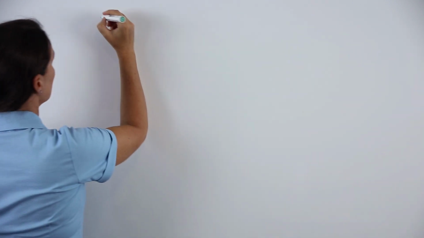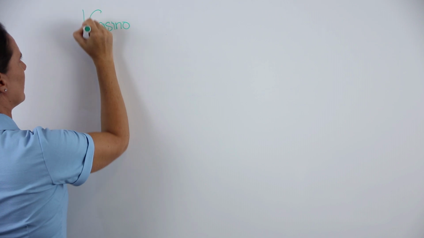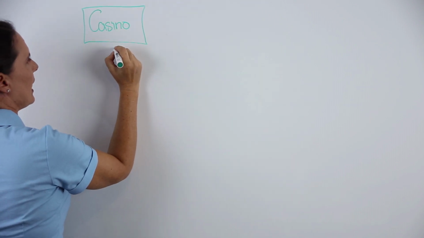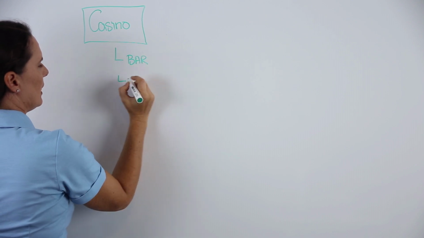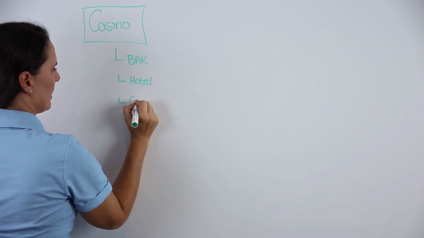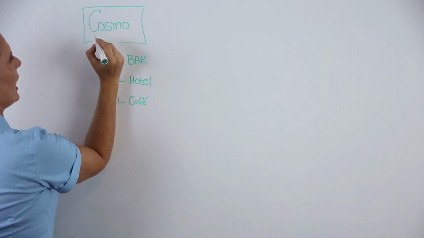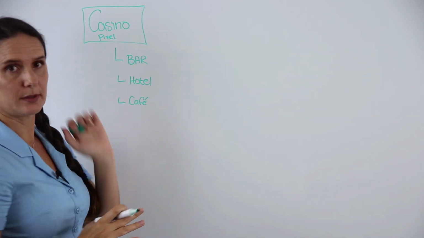I'm going to use the casino as an example. So let's just say we have a casino that has one website and it has a bar, a hotel, and a cafe associated with it. Now this casino is going to have one pixel on its website.